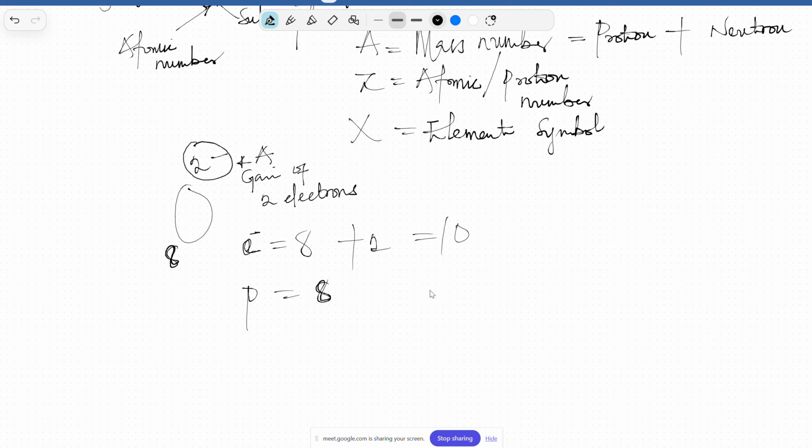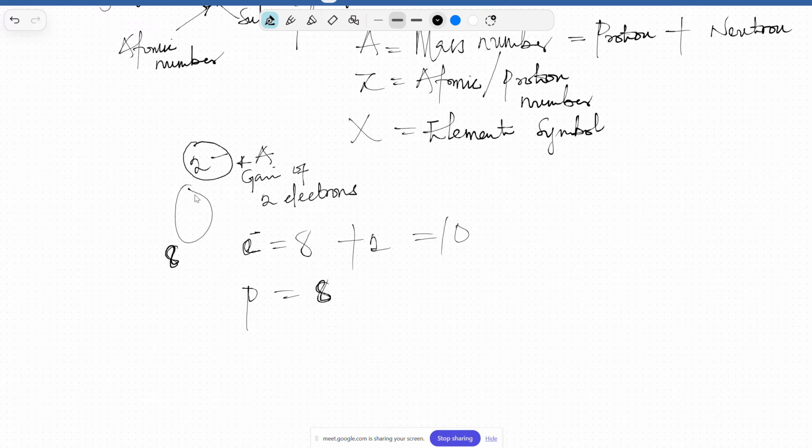You can see that they are not exactly the same. 8 is not the same thing as 10. The reason is that this atom is no longer in its neutral state. Because it is no longer neutral, you can't say that the proton number is equal to the electron number.